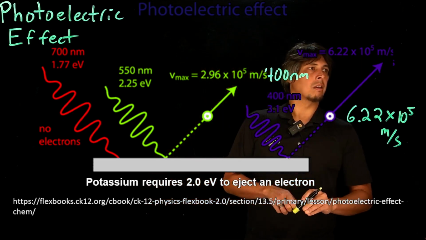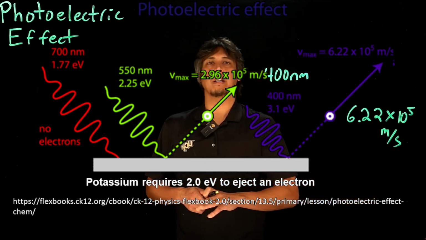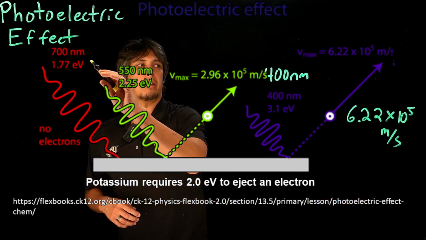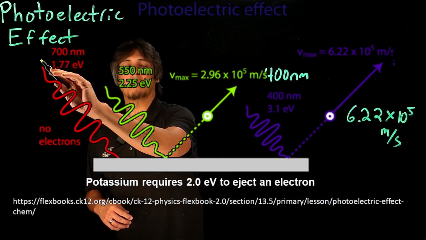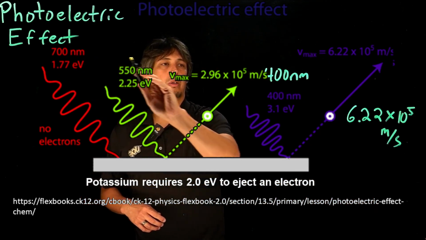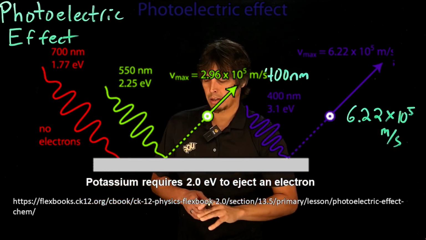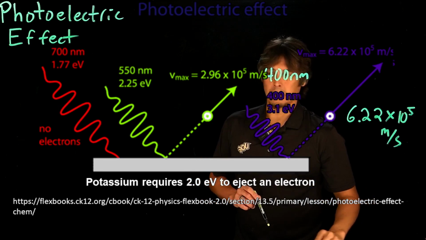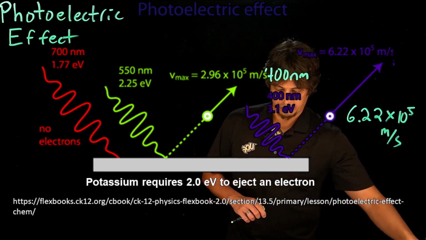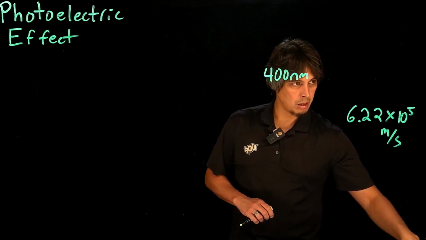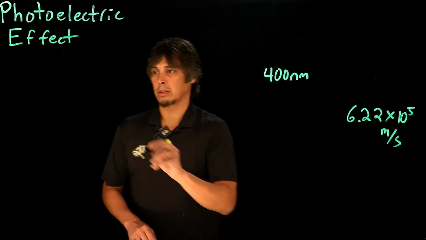So what we see here is that ejection of an electron is dependent on the wavelength. Remember, the smaller the wavelength, the higher in energy we go, based on the equations we talked about in an earlier video. What the dependence was actually on was kinetic energy.